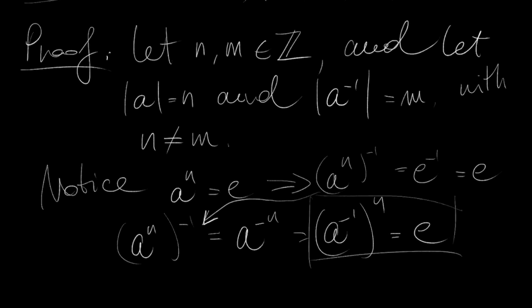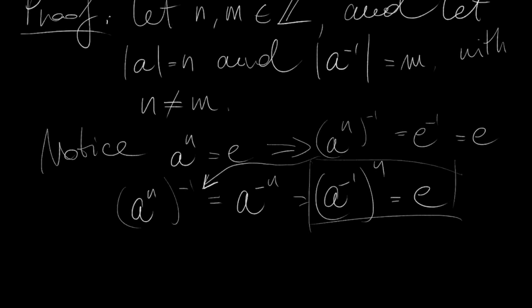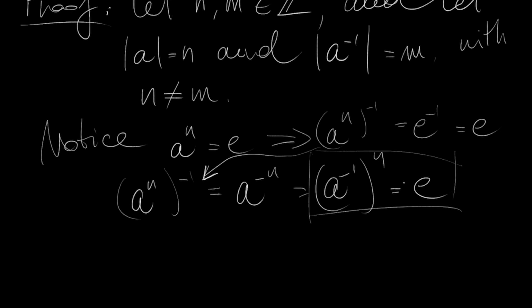Now, when I first saw this, I wasn't really satisfied. This proof, if it's not taken in detail, is not really satisfying. But what is this saying? It's saying that if I take the inverse of a and raise it to the power n, I get the identity. Okay, but by definition of order, we know that a inverse to the power m is also equal to the identity.